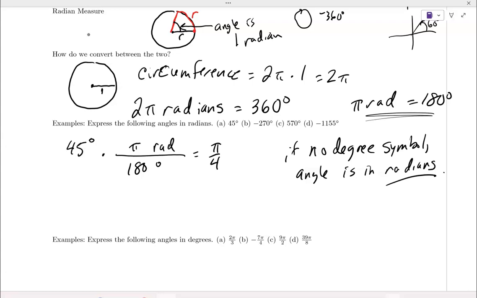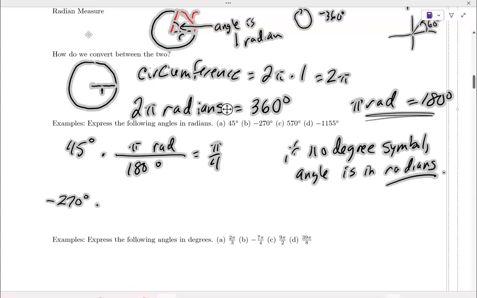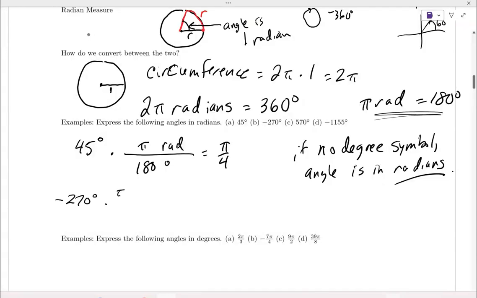If we do negative 270 degrees, you're going to multiply by the exact same conversion, and then reduce the fraction. In this case, 270 and 180 both have a common factor of 90.